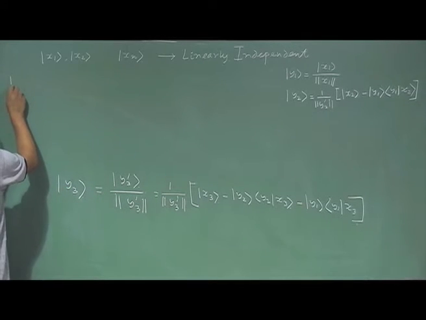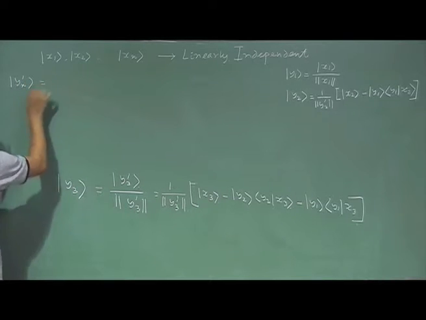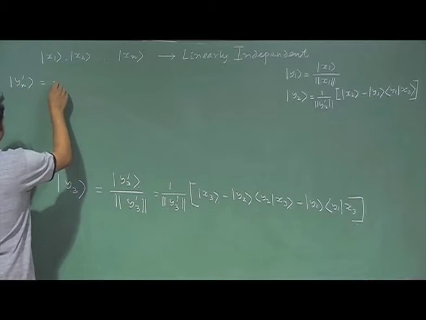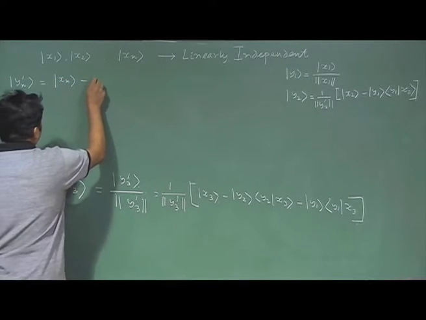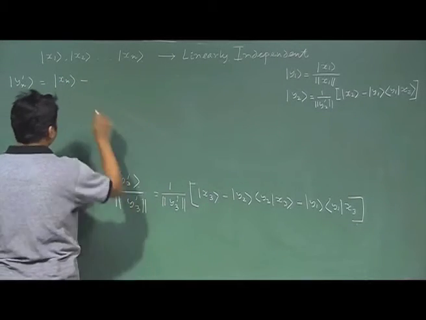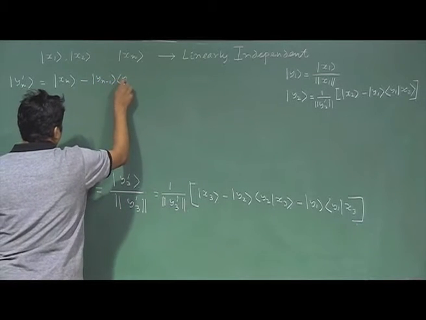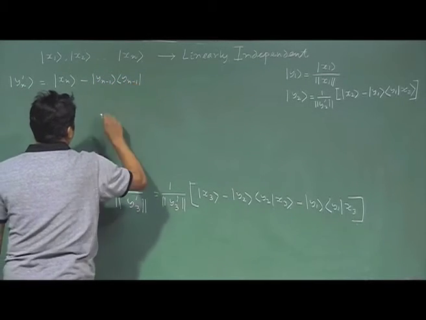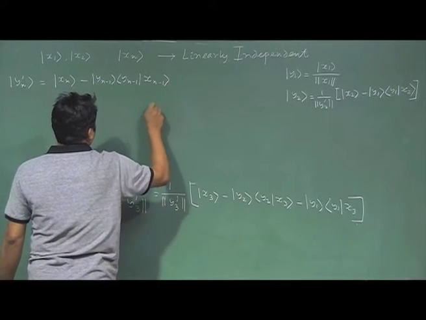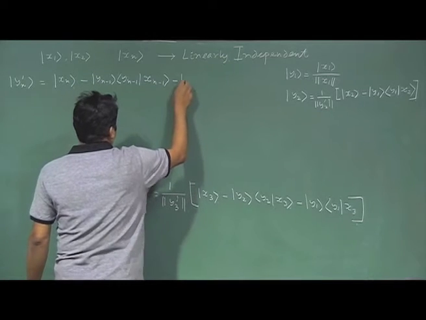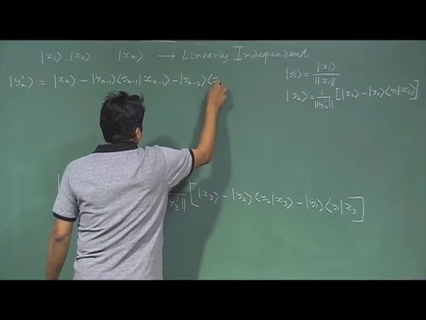So, yn prime will be something like xn minus yn minus 1 x n minus 1 minus yn minus 2 x n minus 2.